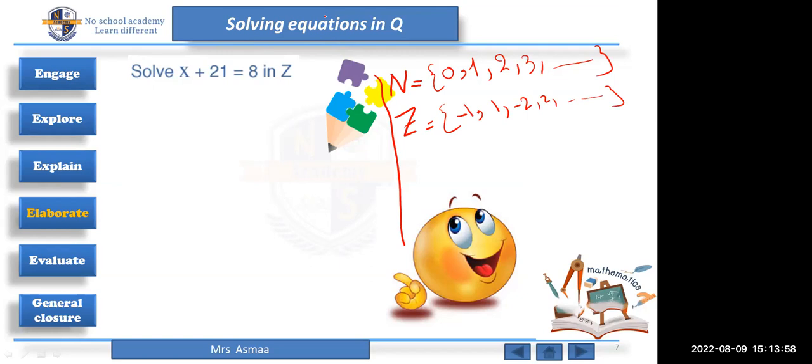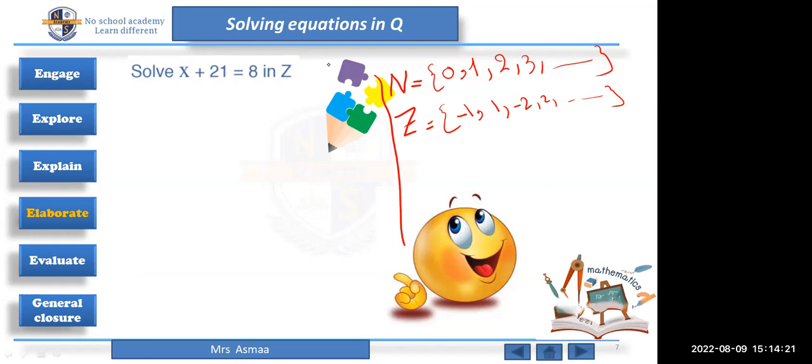What's your opinion, Omar? Does Z contain 0 or no? Saja said no. Omar, does Z contain 0 or no? Z doesn't. Yasin, does Z contain 0 or no?